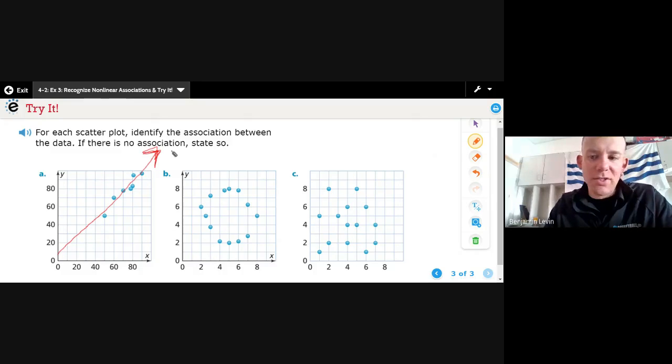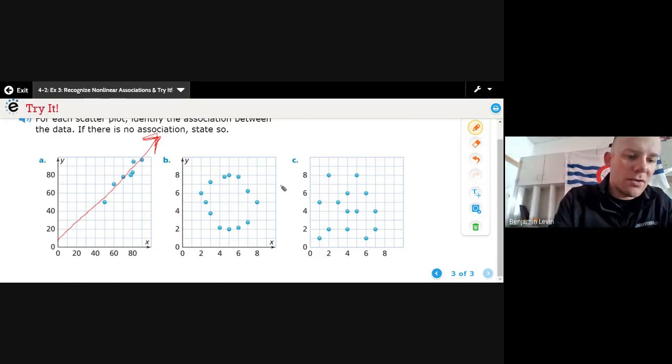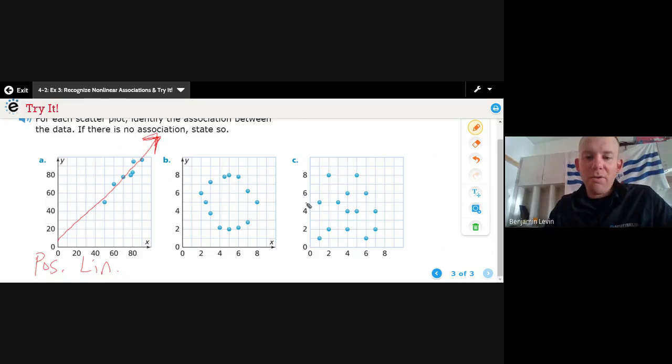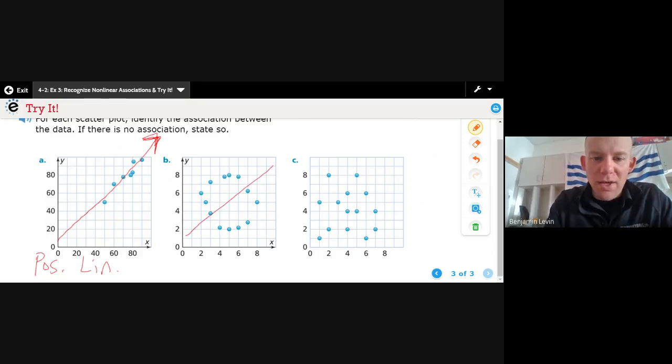What about this one? Is there a trend line we could draw for this one? This isn't really a line. We can't do that. So do we think there's an association there? Is there any straight line or even any curved line I could draw that would really represent what we're looking at here?